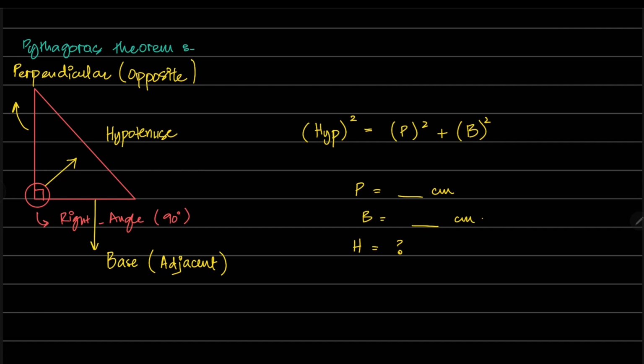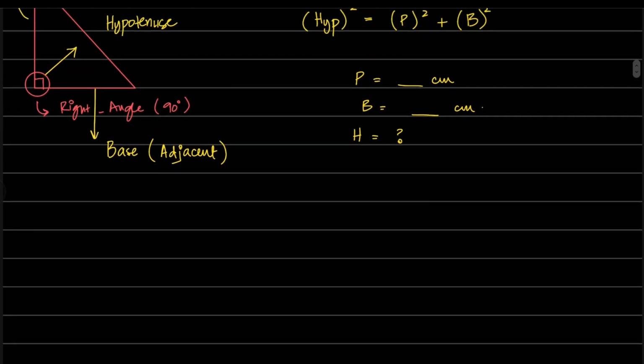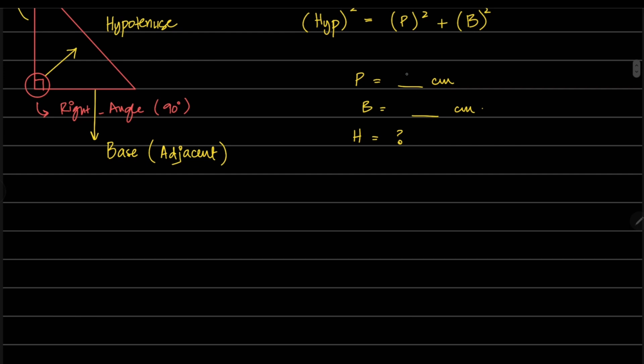In that case, let's suppose the perpendicular is 5 and the base is 3 centimeters. You simply plug the values into the formula: hypotenuse square equals perpendicular square plus base square. So 5 squared plus 3 squared equals the hypotenuse square.